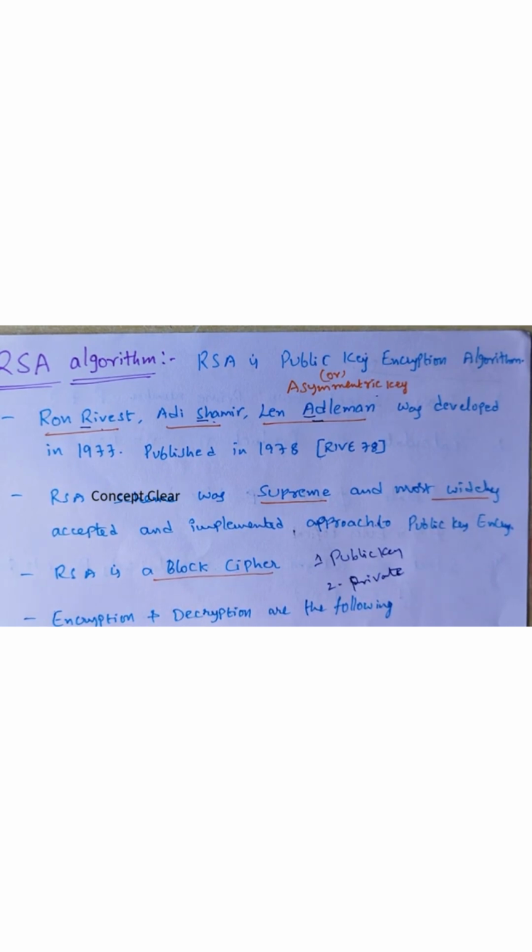The first one is the public key for encryption, and the second one is the private key for decryption. Any algorithm that uses two keys for encryption and decryption is called an asymmetric key cryptography or public key encryption algorithm.